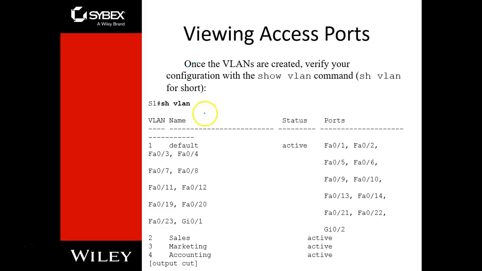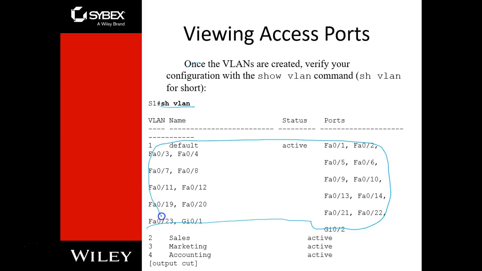This is what it would look like with the show VLAN command, which ports are where, and which VLANs are active. Down here, we have VLAN 1 default, and we have 1, 2, 3, 4, 5, everything basically on VLAN 1 because nothing's happened yet.